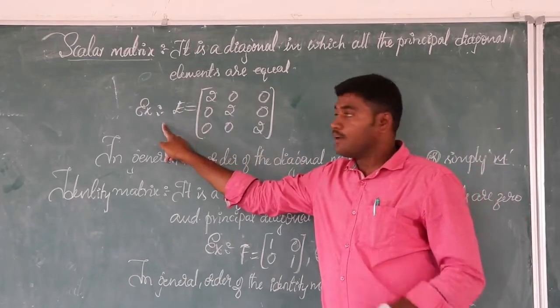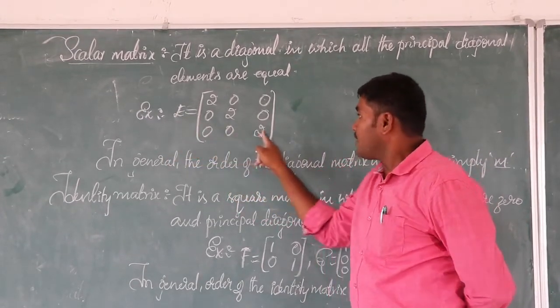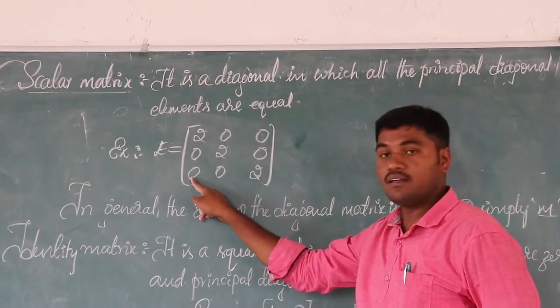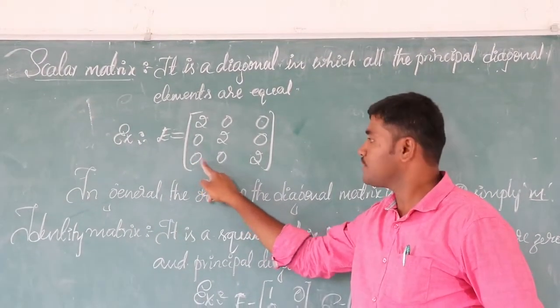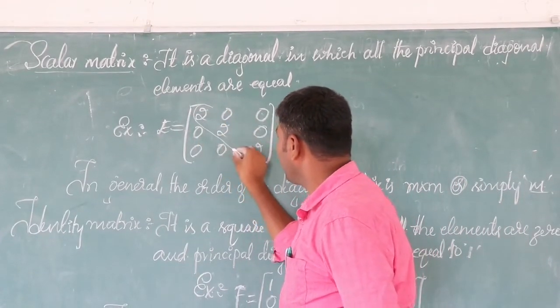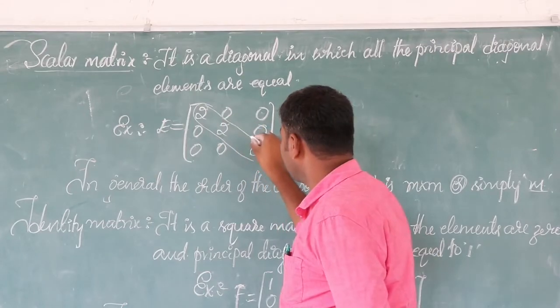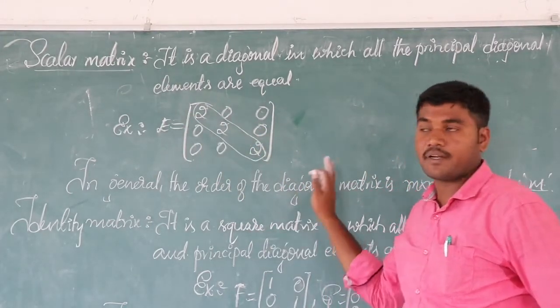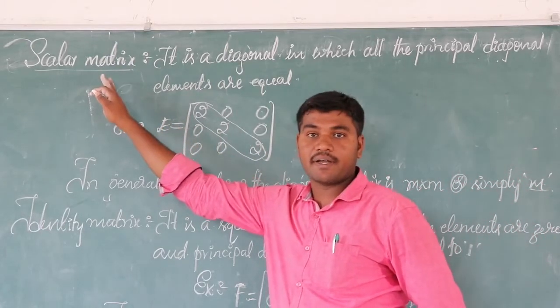For example, take E as a matrix: first row elements 2 0 0, second row elements 0 2 0, and third row elements 0 0 2. See, all these elements are called principal diagonal elements. These entries are equal to each other in a scalar matrix. Matrices like this are termed scalar matrix.